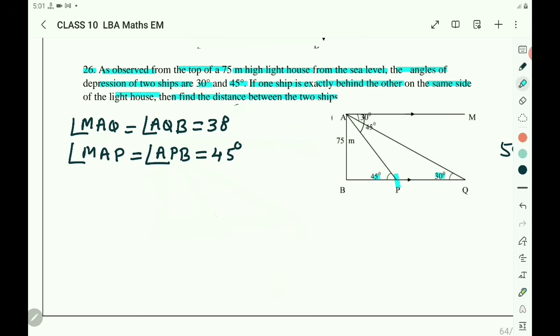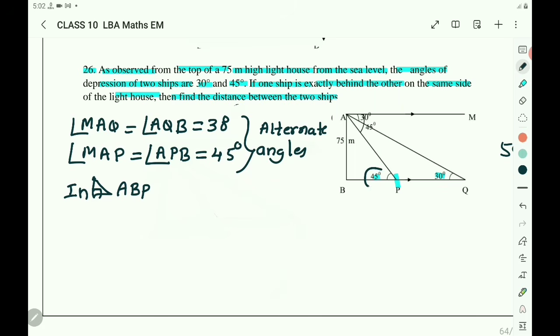Now you write the names of the right angle triangles ABP and ABQ. In the right angle triangle ABP, here you give the reason alternate angles. For this 45 degree, AB is the opposite side and BP is the adjacent side.